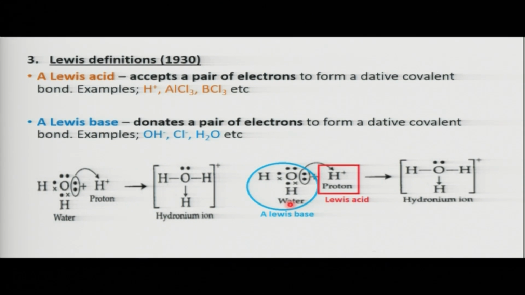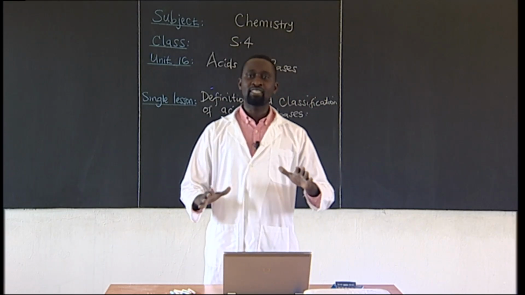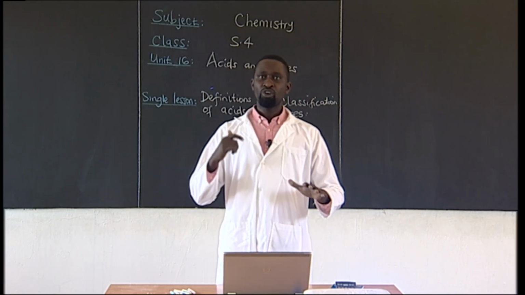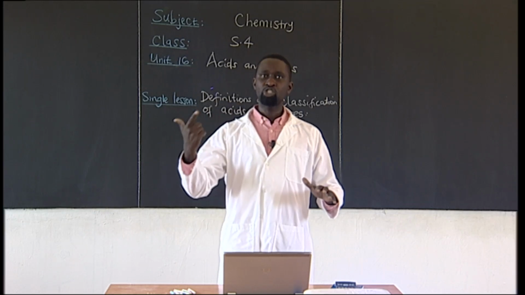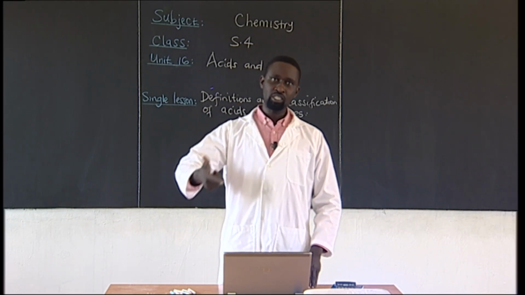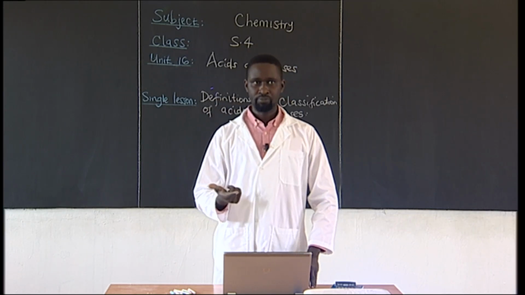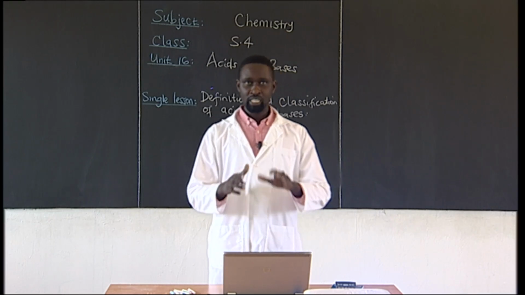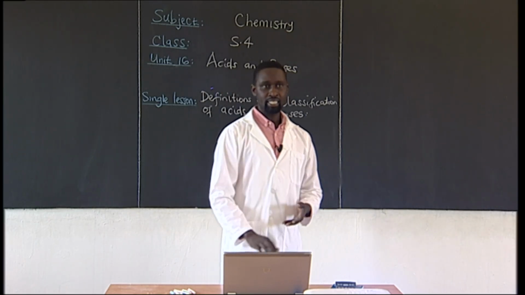It will become a base because it can donate a pair of electrons. Hydrogen ion from HCl, for instance, will become an acid because it has accepted a pair of electrons. So, to them, if you summarize, you'll find that it's all about hydrogen ions in solution, and the solution being water. We shall come to that summary later on.